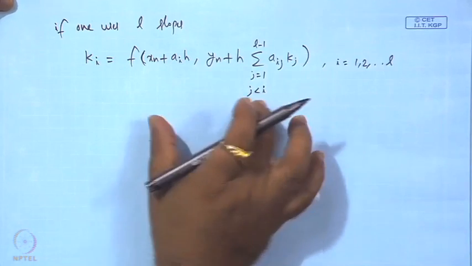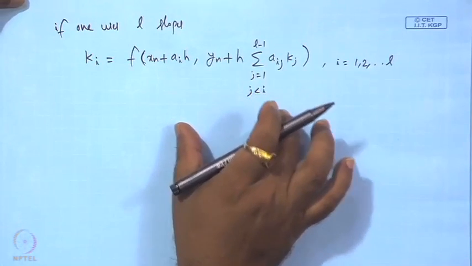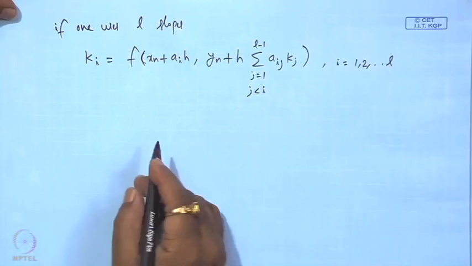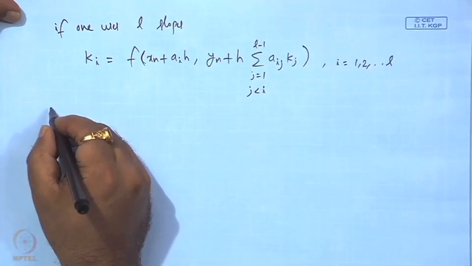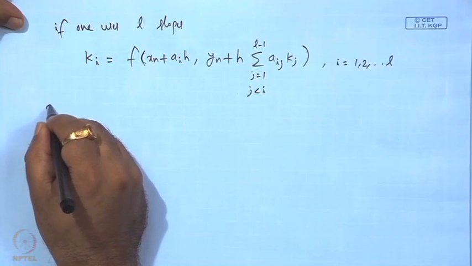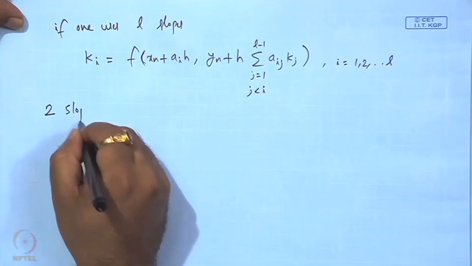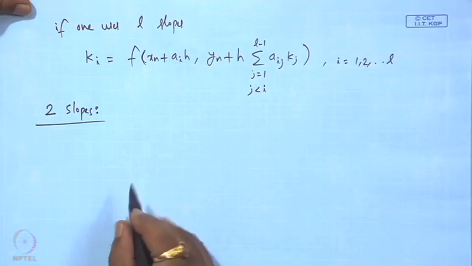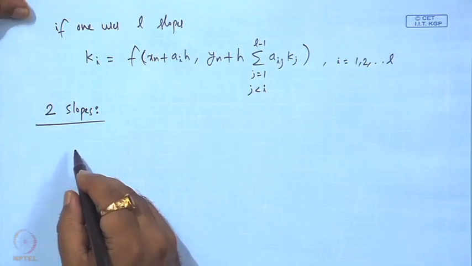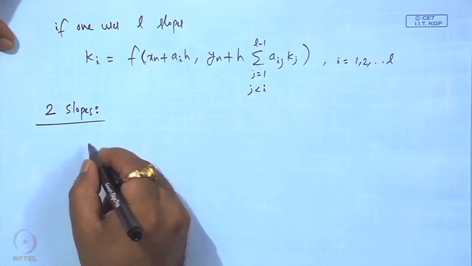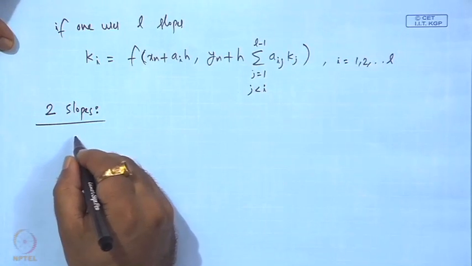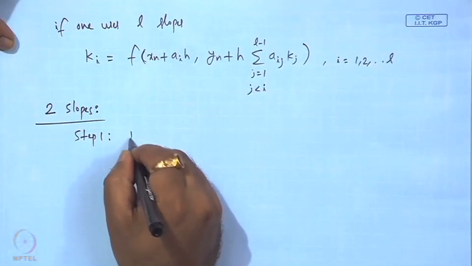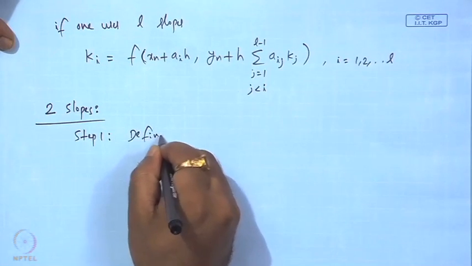So, this gets reduced to simpler forms depending on the number of slopes. So, as I mentioned, let us start with just two slopes. So, if you consider two slopes, right, then step 1 you define the method.